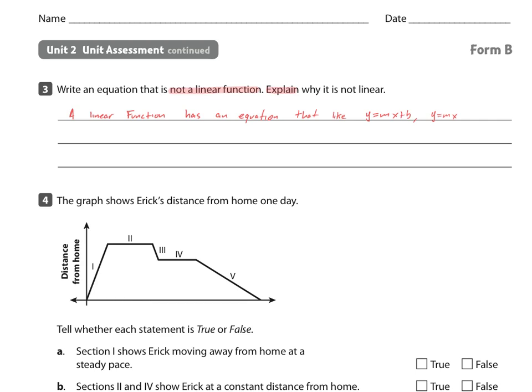So if we already have that a linear function has an equation that looks like y equals mx plus b, or y equals mx, then y equals x to the second power is not linear.